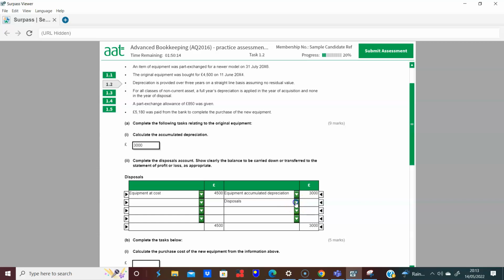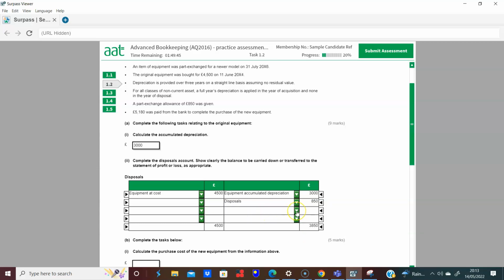I can't find anything directly for it. So I need to write in here 850. So I'll put disposals there. I'll check the answers later to see what they've put as the best title for that, but I wouldn't give myself too much of a headache there.